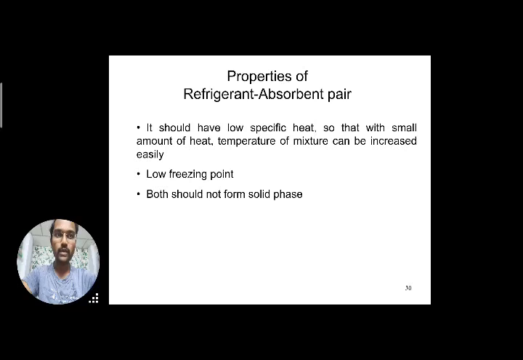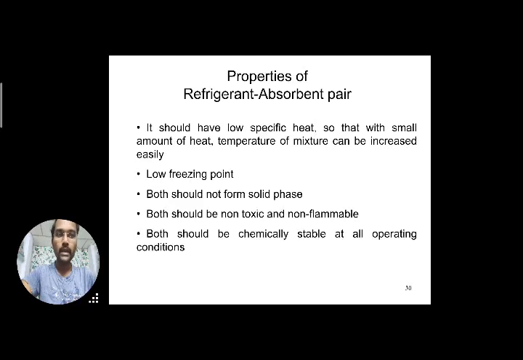All these points you can note down. They are very important properties when forming a pair. It is also very important that they should be non-toxic. If they are toxic, you know what will happen. And non-flammable also: at a particular temperature, it should not become flammable or burst. It means no flame should be added, and even when heat is gained by the refrigerant and absorbent pair, it should be safe.